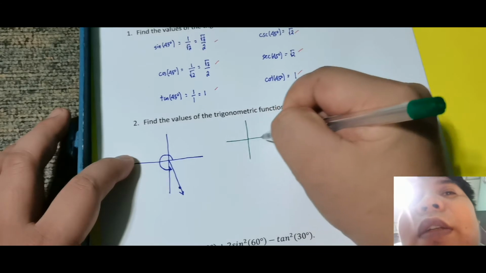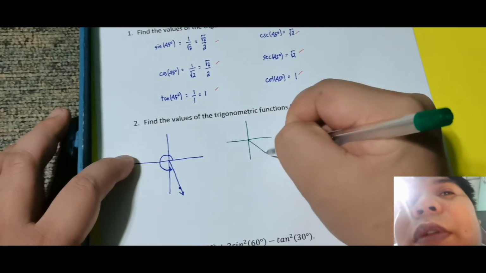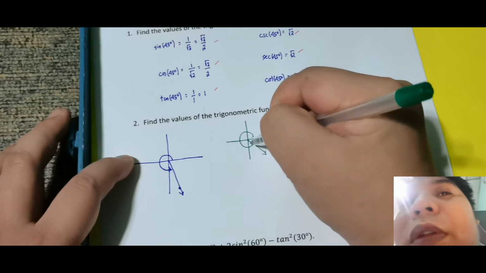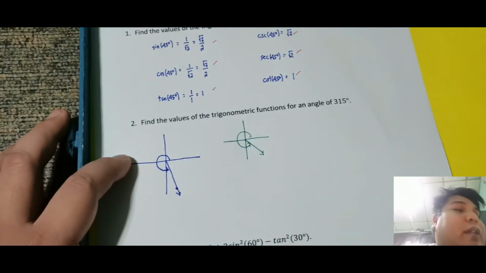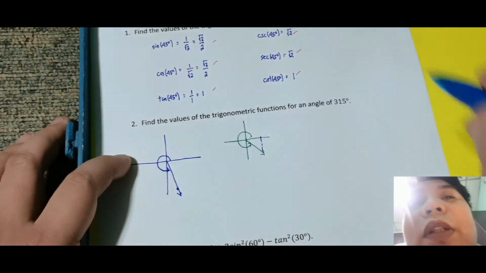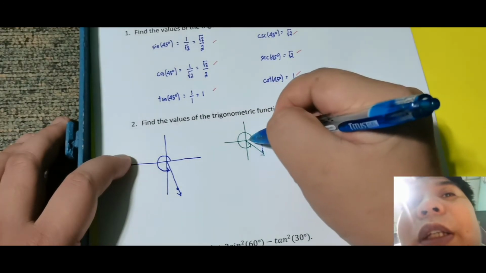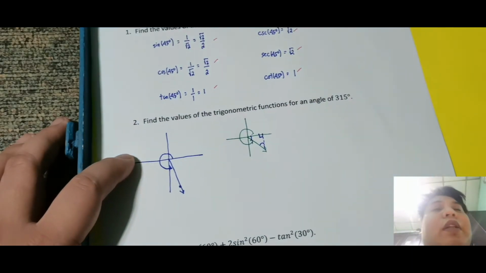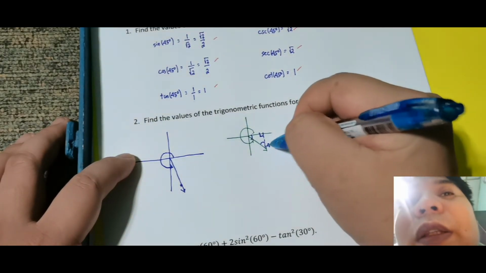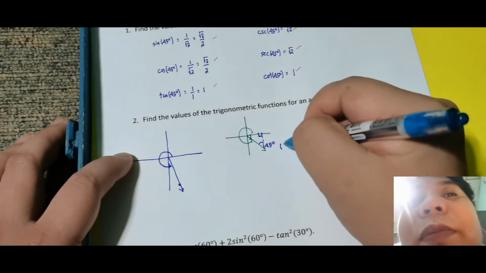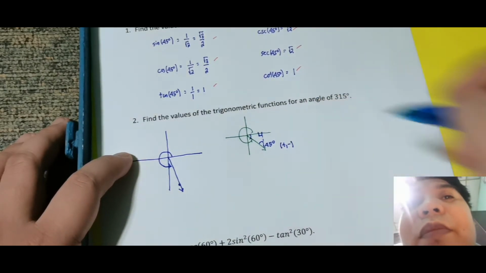Mali ng drawing siya, sir. So, dapat ito. Yan. So, isang revolution. Okay, so mapapansin mo, makaka-form ako dito ng triangle na kung saan alam ko ito ay 45 degrees. Ito yung right angle. So ngayon, ano yung sign dito? Ang sign dito is positive, negative.